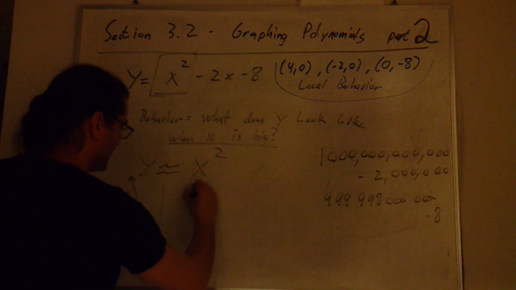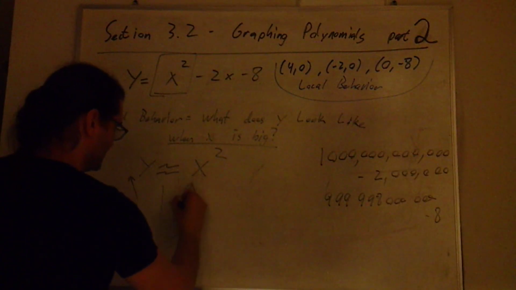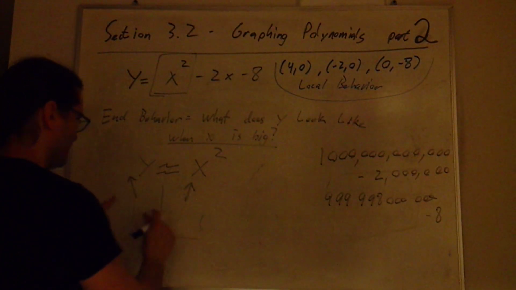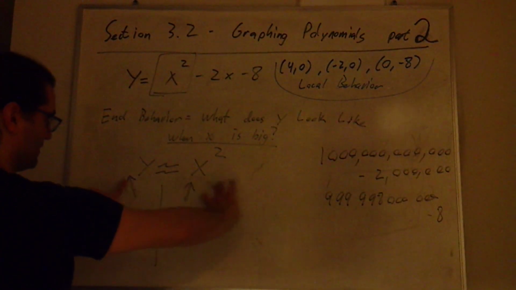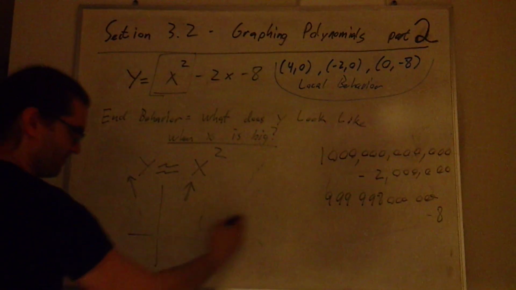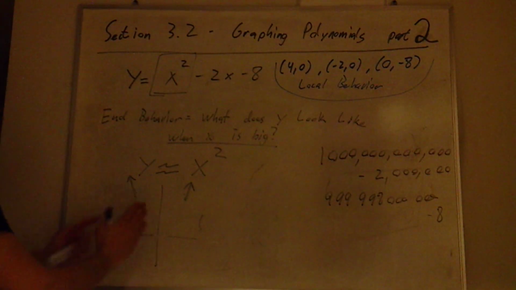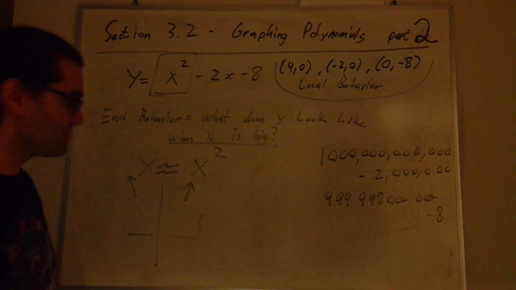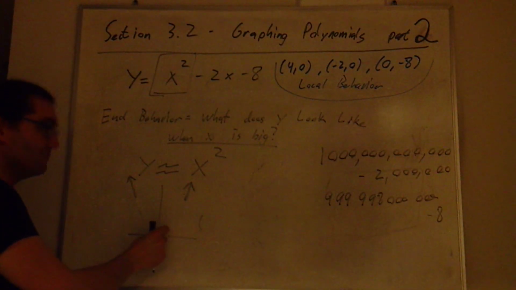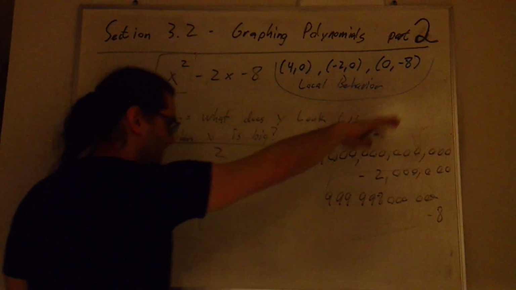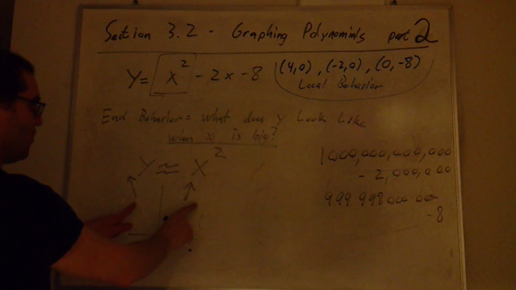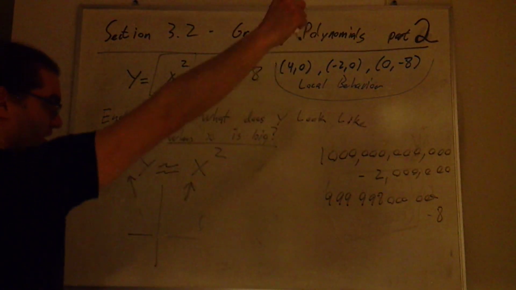All I'm interested in is the ends. This is the x is big region of the graph. The far right and the far left, that's x being big. This middle stuff, that's local behavior. I did different math to figure out what that stuff is. This end behavior, all I care about is the two ends.